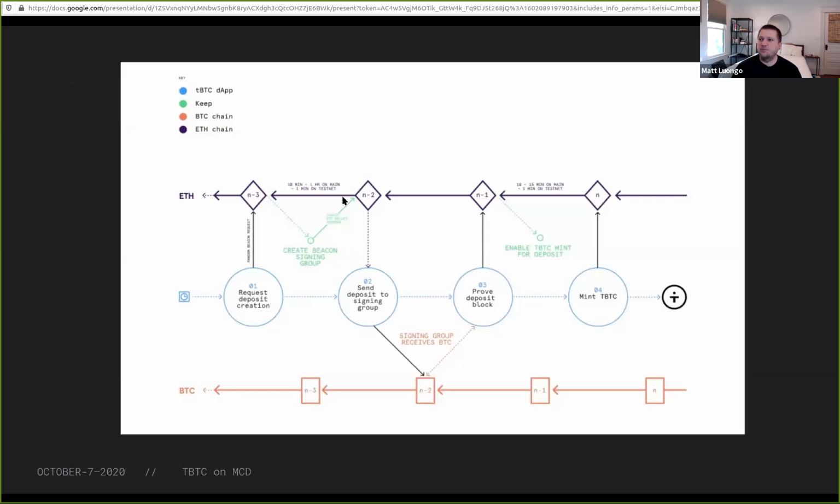So it's a pretty complex system, and I'm just going to call out right now, I think it's the biggest risk to the project. We have built something that, on the one hand, verifies SPV proofs for Bitcoin that's deposited into tBTC, which is a pretty gas-hungry process.